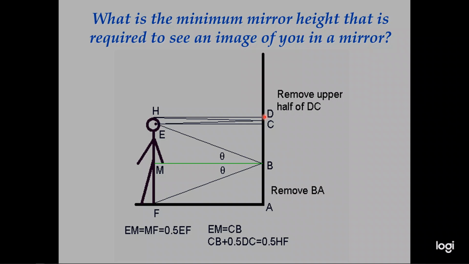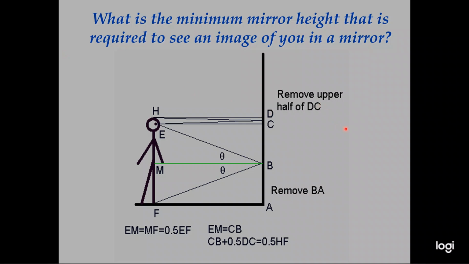So if I remove the upper half of DC and I remove BA, I've essentially removed half the distance between A and D, half my height. So if you have any questions regarding this, please ask me, this is always puzzling. But all you need is a mirror that's half your height. No matter how far you are away from the mirror, you can see your whole body.